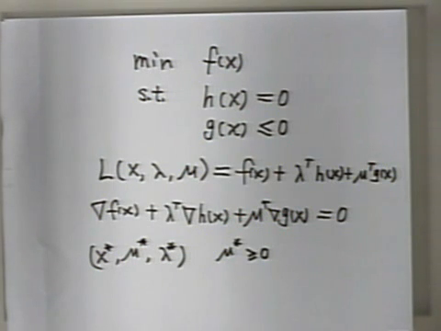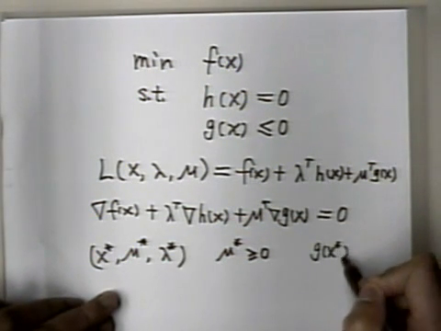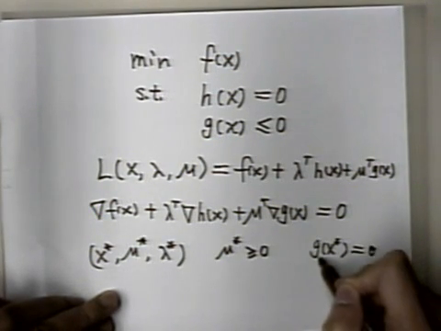This mu has to be positive. It can, well, because if the other part is 0, if g of x star is 0, well, I will use gi.